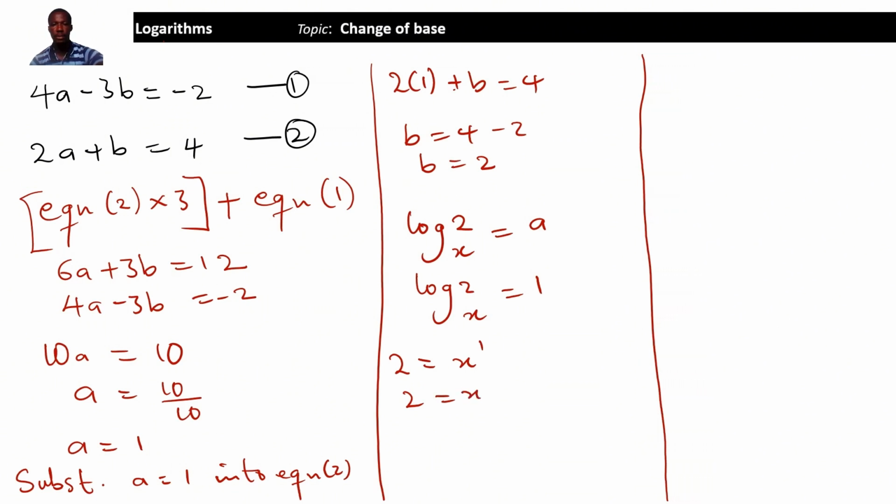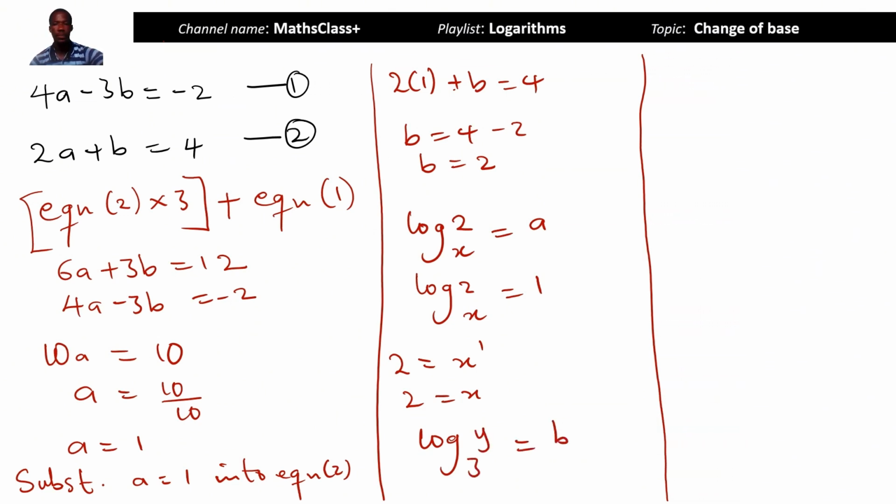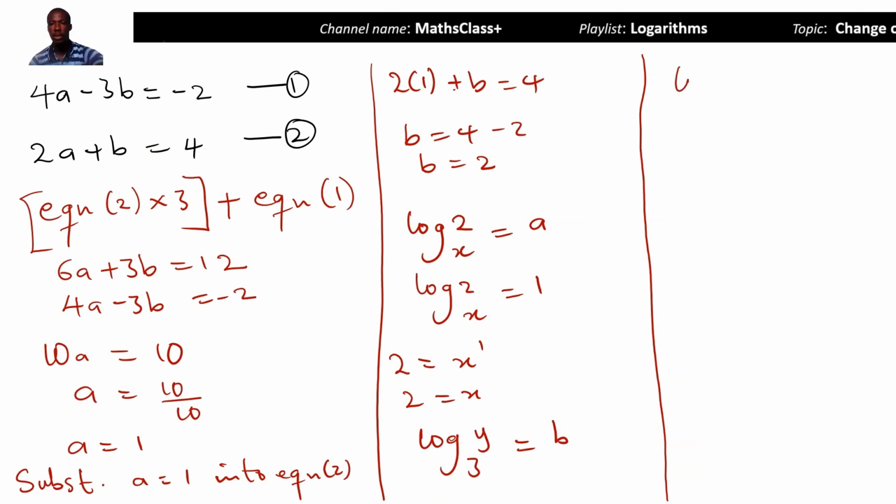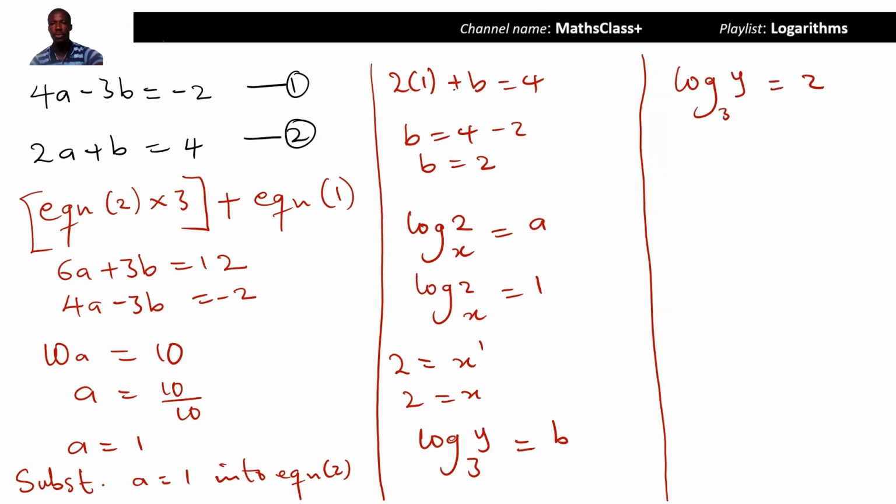And then the second one, I have log y to the base 3 is equal to b, and that means log y to the base 3 is equal to 2. And if I change this to indices, I'm getting y is equal to 3 to the power 2. Thus, y is equal to 9 as the answer.